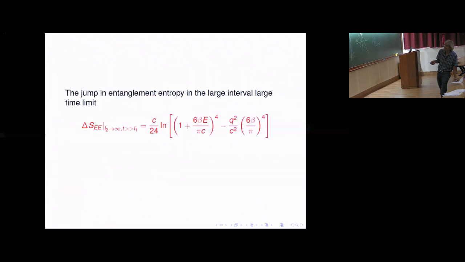When we do that, here is the expression for the jump. This is the expression when there is only the conformal dimension without the spin 3. And here there is this extra term, and it's negative. So the log of the argument becomes negative at a particular value, and it's ill-behaved after that.